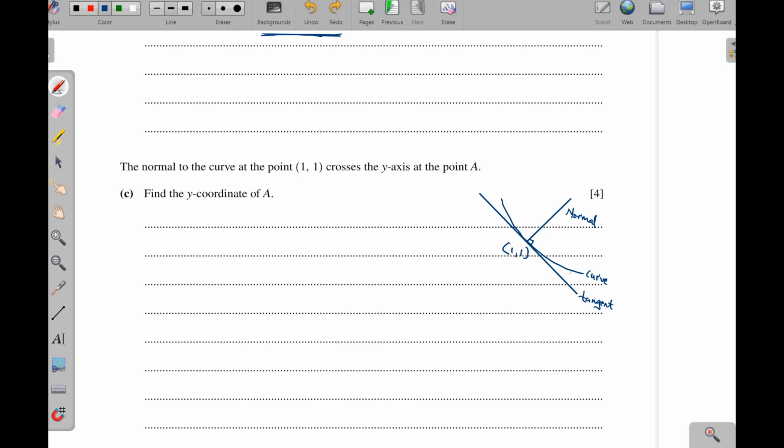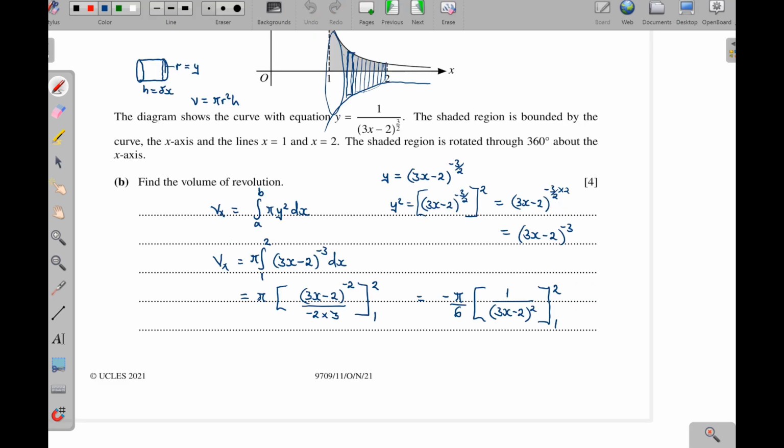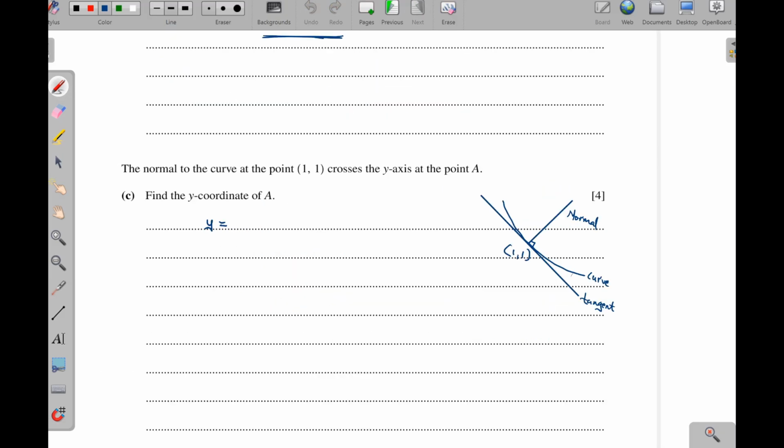So remember we have our y, which was given as, let's check again, this is the one here. We shall have 3x minus 2, then to the power of negative 3 over 2.